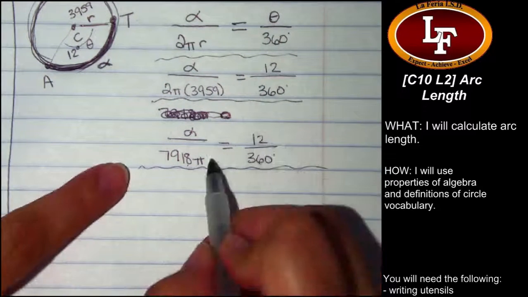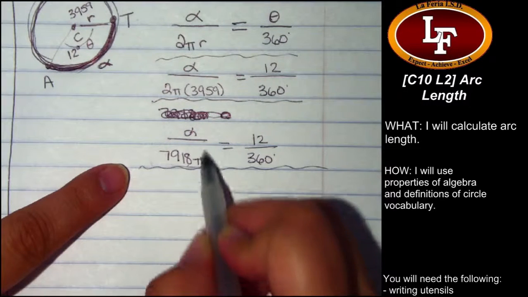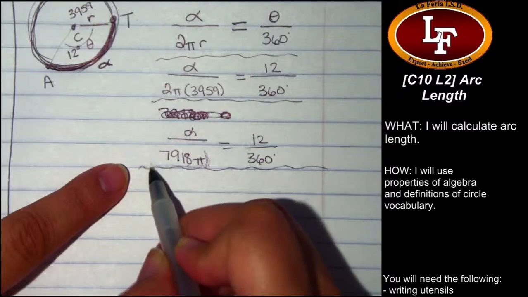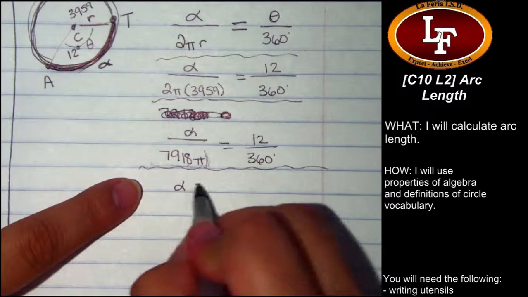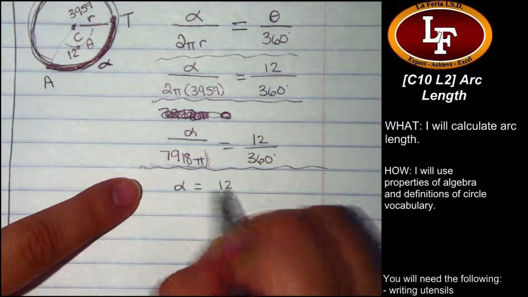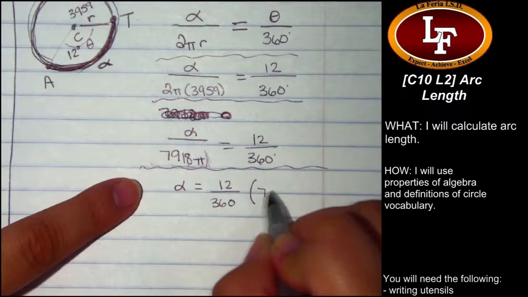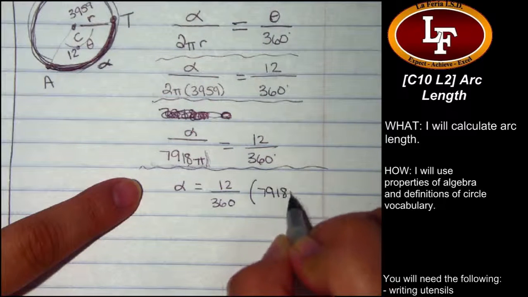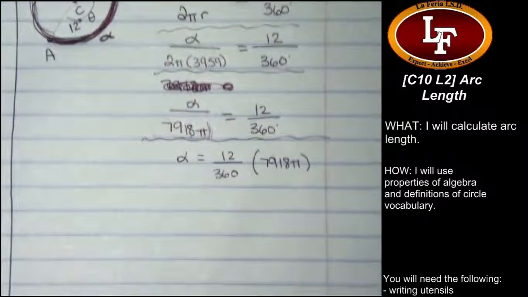And so if I just multiply through everything by this value down here in the denominator, it'll clear it out on the left-hand side. So that's what I'm going to do. That's going to save me just a few steps, a little bit of work. So here I am writing that I've multiplied everything in the equation through by that 7,918 pi, which clears it out on the left-hand side.